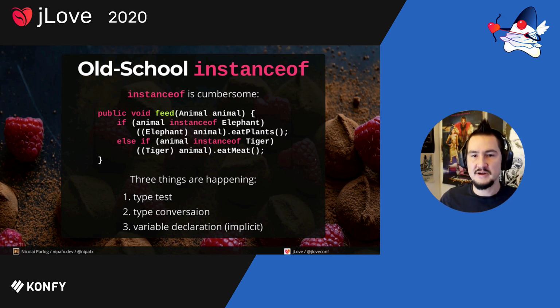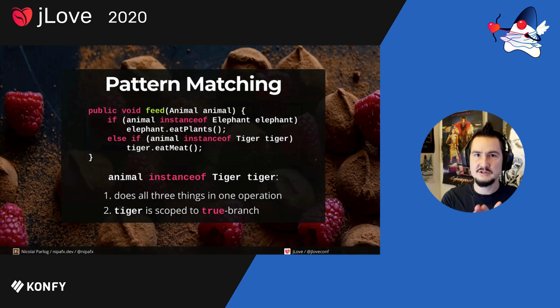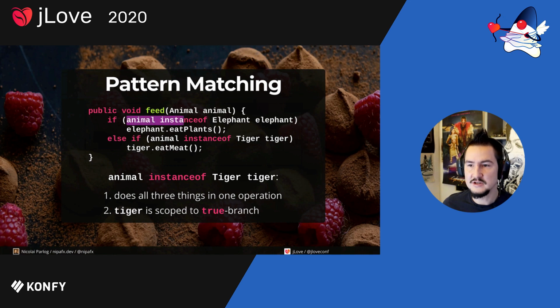And since instanceof pattern matching, since Java 14 or finalized in Java 16, you can do this. You can put all of those three steps into one check. Animal instanceof elephant, elephant, right? There's a variable name here. And what that does is it checks whether this is true.